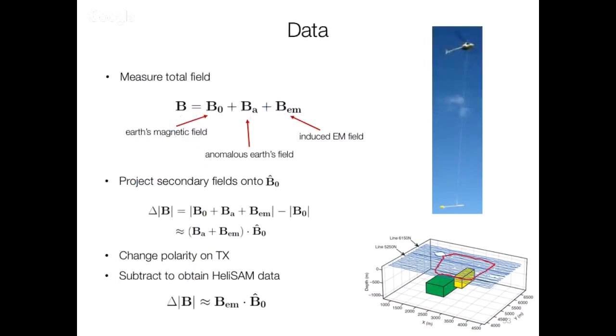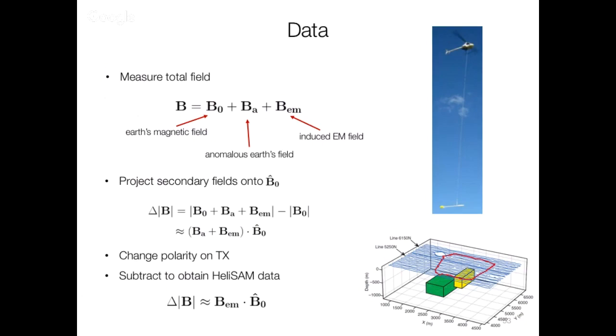So these data are total field magnetic data. Total field is composed of the Earth's field plus the anomalous field, which is any susceptible material inside that's being magnetized by the Earth. Generally, when you do a mag survey, that's what you're interested in.